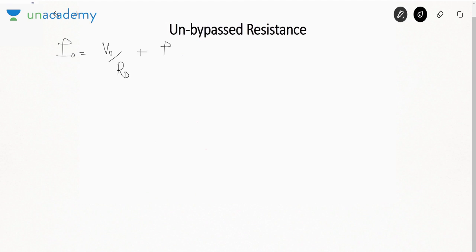plus I2 plus gm VGS. Now if you want to calculate this current, what you can do is, I2 is how much?